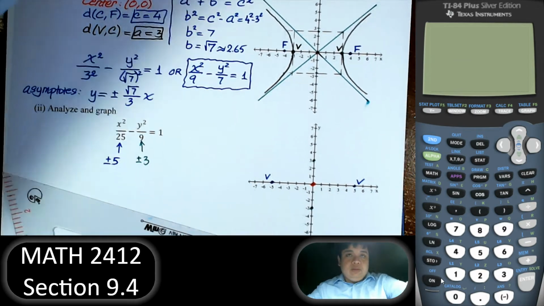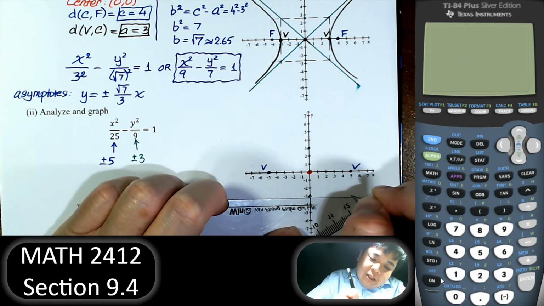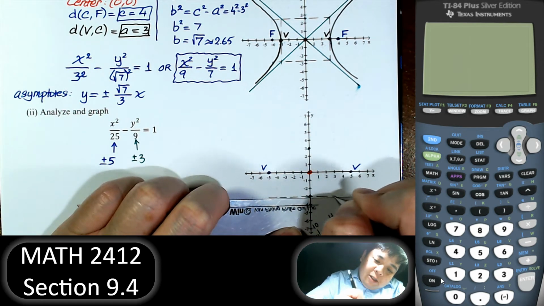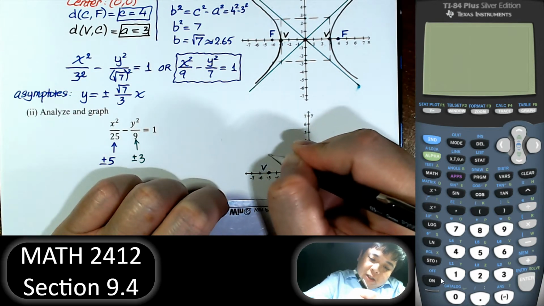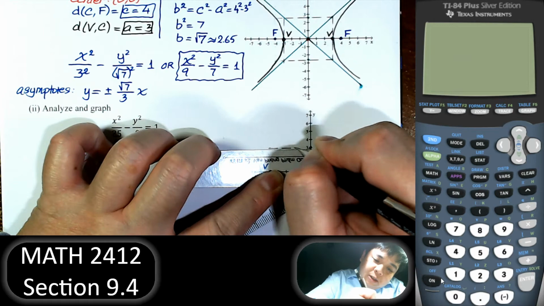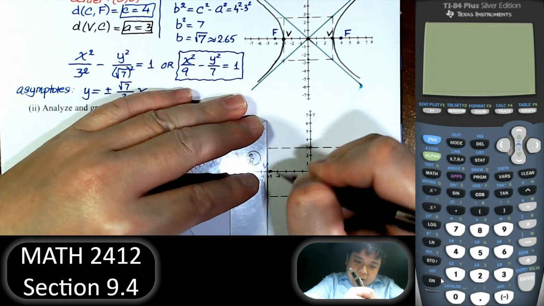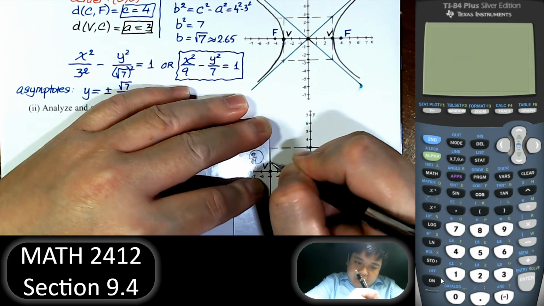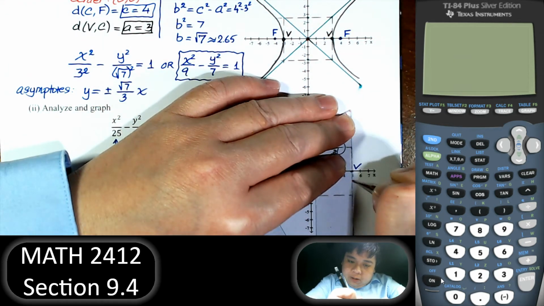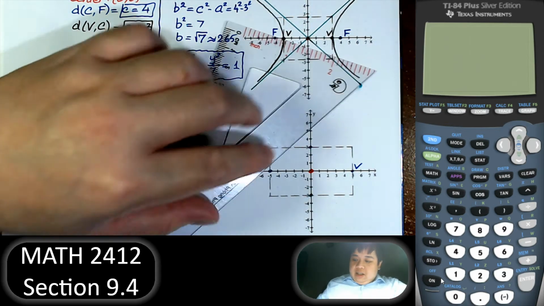Okay. So let's draw the box first. And then the diagonals.